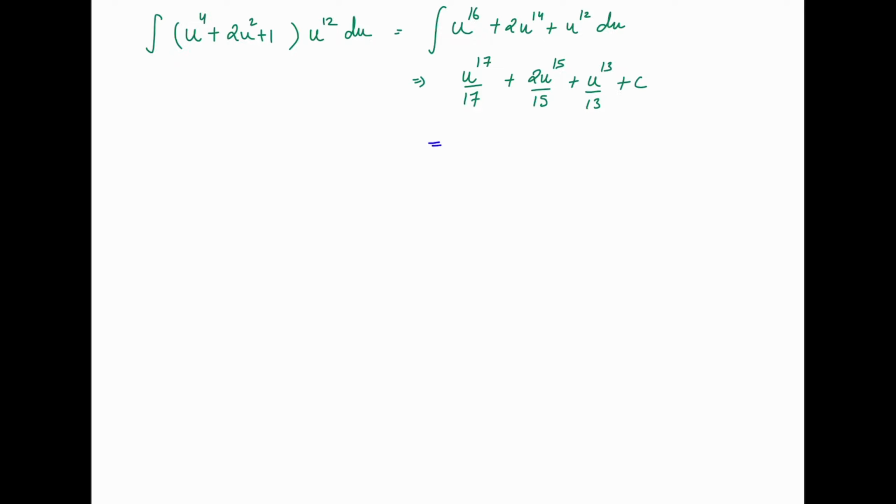And hence the u that you would have is just going to turn out to be, plus c. And that's how you solve the second question. Makes sense, right? Not too bad.